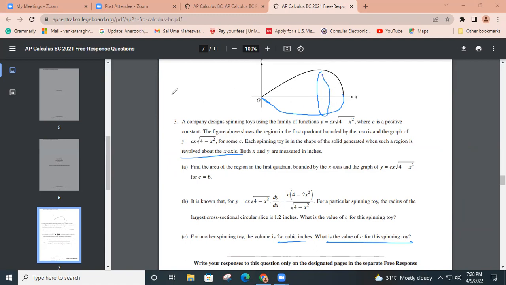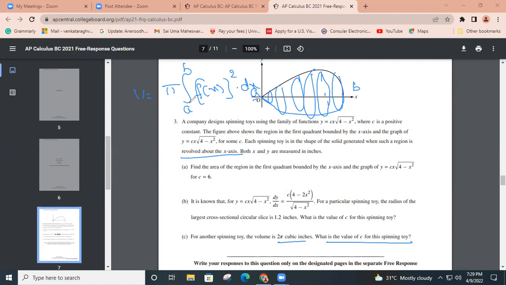So volume is pi into the integral from a to b of r square into dx. So I'll integrate all these slices from a to b: integral of a to b, f of x whole square, that is y square into dx. This is my volume formula.